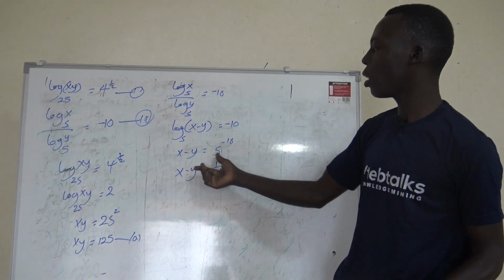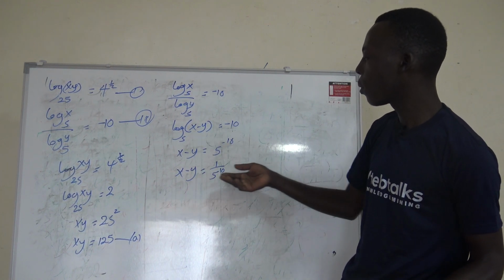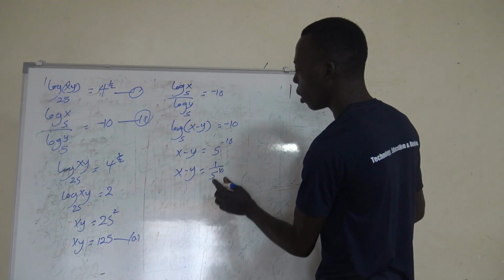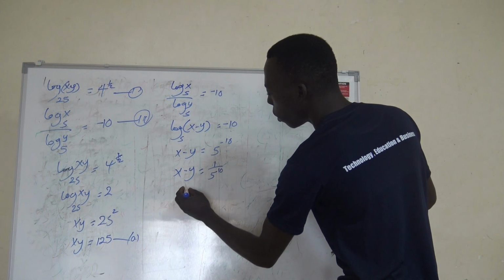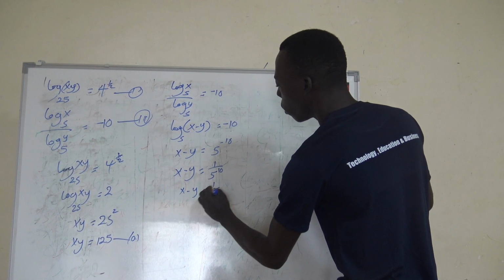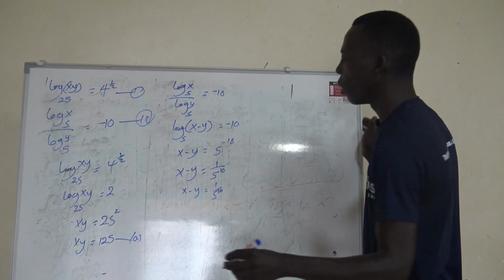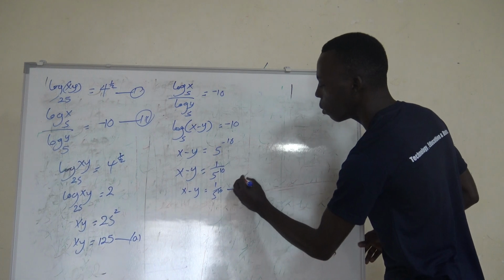This one is the same as this, just the inverse. So x over y equals 1 out of 5 power 10. We call this equation 2.